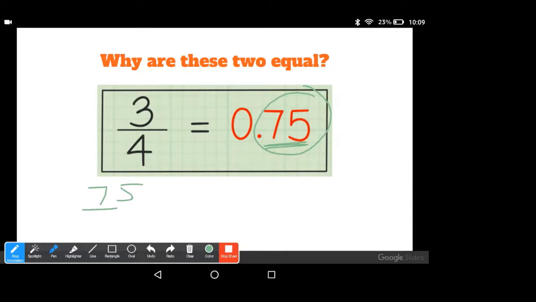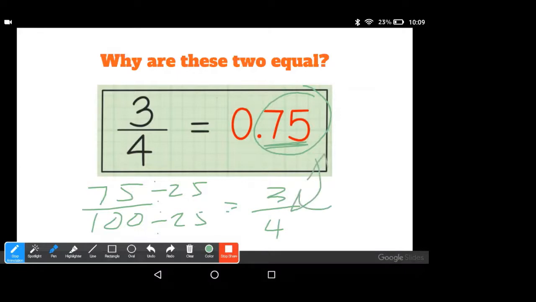So 75/100, which actually reduces. Okay, so what goes into 75 and 100? Well, 25 does. So I can divide by 25. I can divide by 25. 75 divided by 25 is 3. 100 divided by 25 is 4. Therefore, these two are equal.